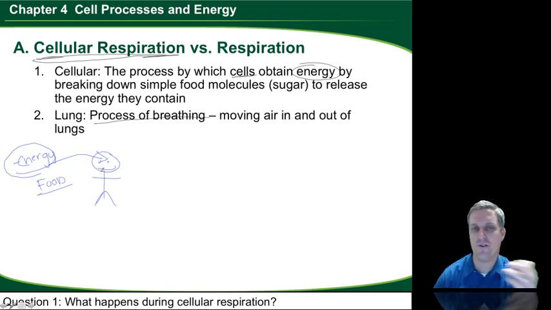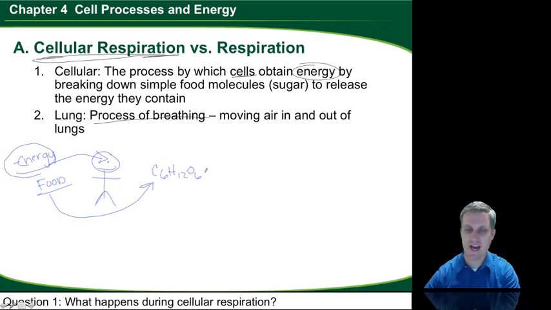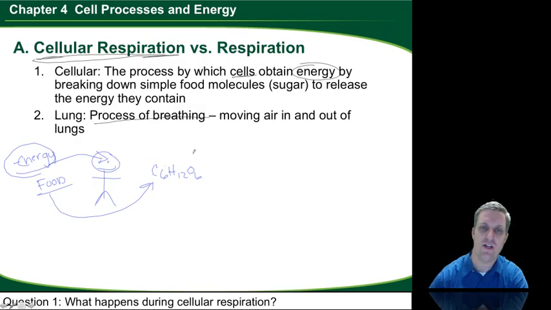So in that food, we have locked up all kinds of energy. We'll take the example of sugar, C6H12O6. Now inside that sugar molecule are bonds. If I were to draw the sugar molecule, there would be carbon atoms connected together like this, and then connected to the carbon atoms would be oxygen atoms and hydrogen atoms.